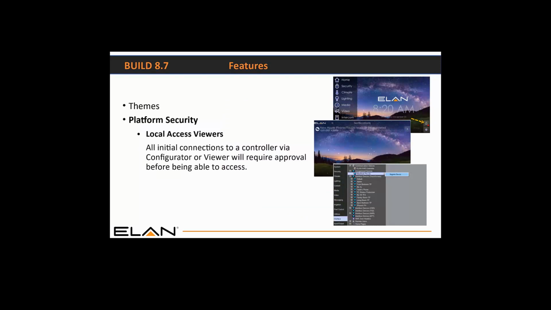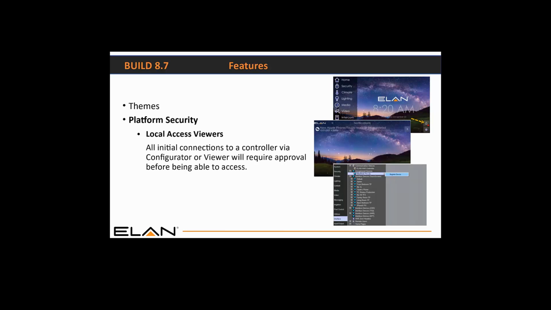Next is some update to platform security, right? So any local access viewer now requires an authorization to be okay to connect. So you can't just go into a house, connect locally, and get on. You have to actually be okay to do that, or get approval to do that. And the approval can happen one of 2 ways.